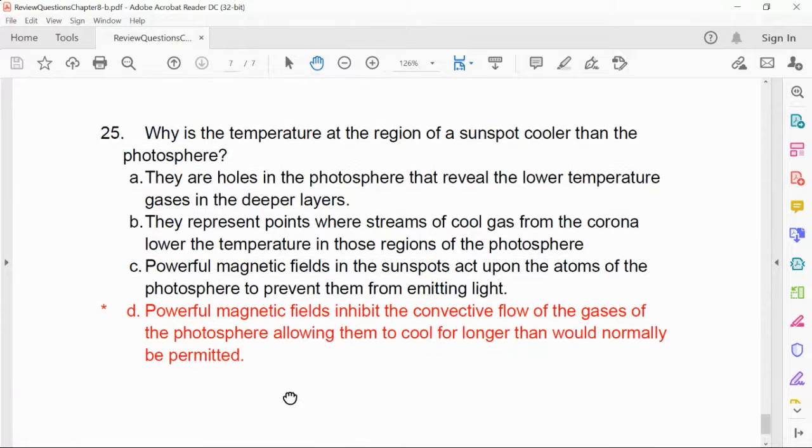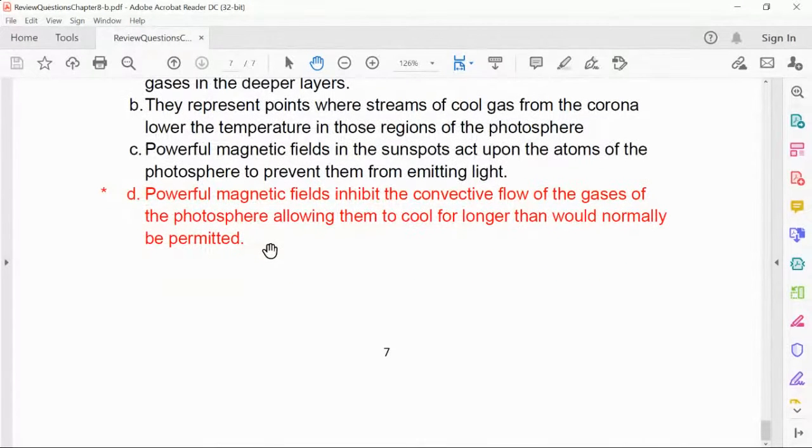And that's why they will have a cooler temperature. And of course, in contrast to the surface of the sun, we see these sunspots as darker in comparison to the rest of the surface of the sun.